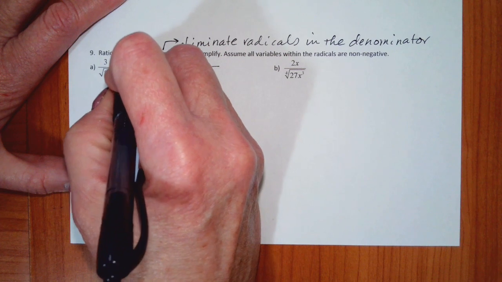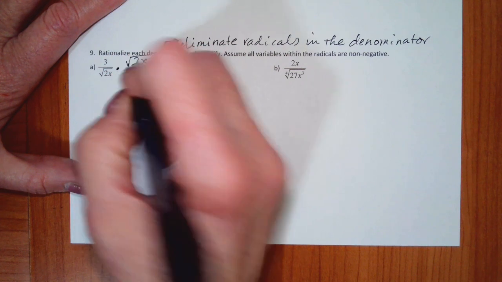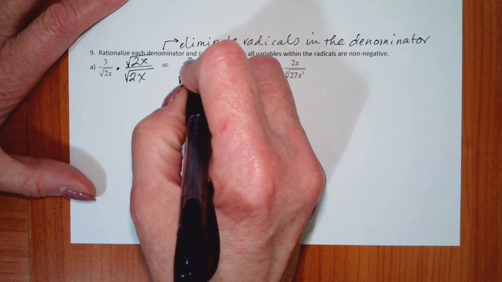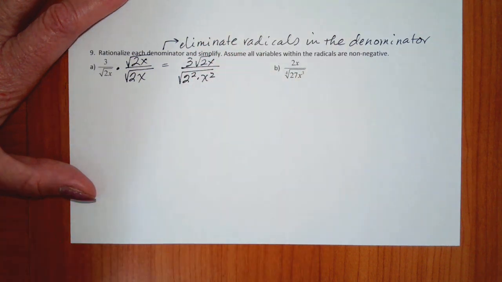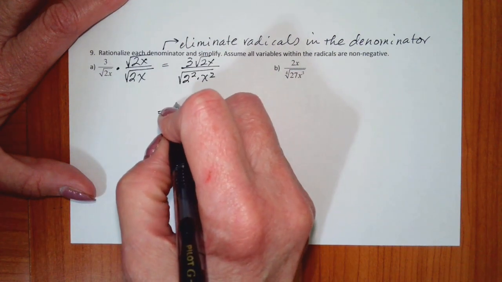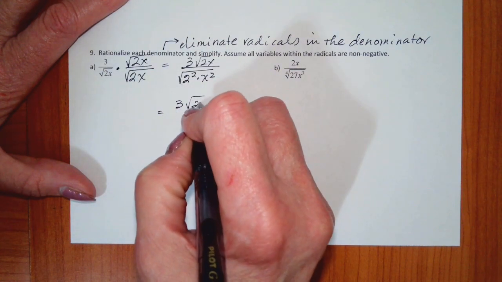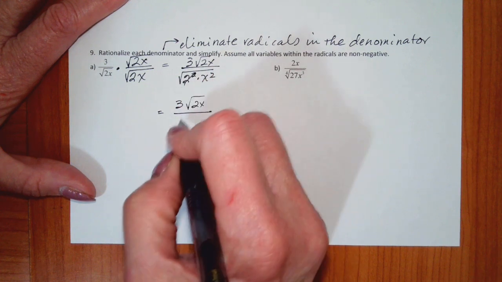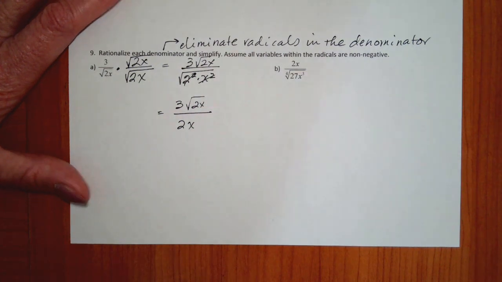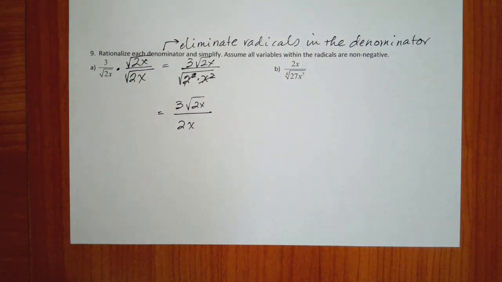But if I'm going to do that to the denominator, I have to do that to the numerator as well. So this becomes 3 times the square root of 2x over the square root of 2 squared times x squared, which is just 3 times the square root of 2x divided by 2 times x. And there's no radical left in there.